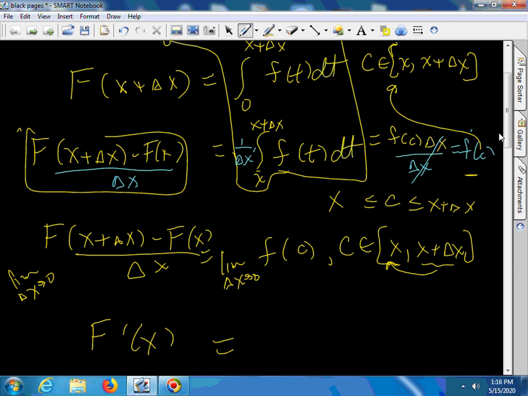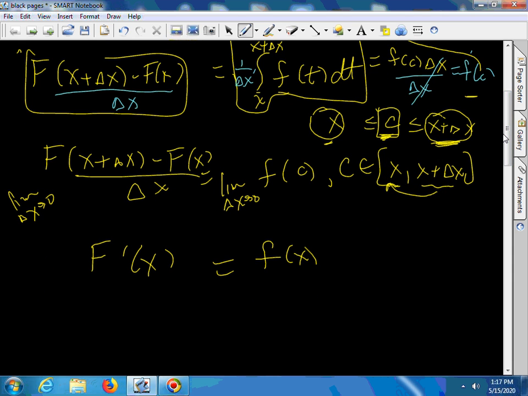So as delta x goes to 0 in the limit, I get x on one side, and I get x on the other. So as delta x goes to 0, c has to be x. It's jammed in between x and x. So this is f of x. Ooh, we got somewhere.